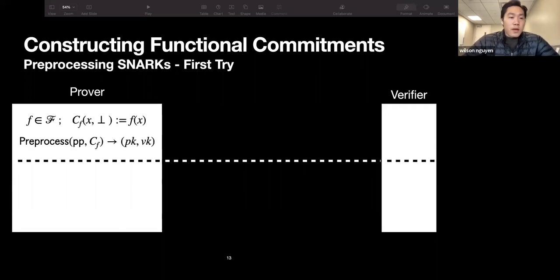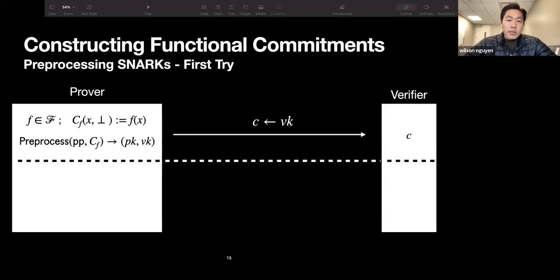So the prover has some function in some function family. It produces a circuit which does not take any witness inputs, just the input x, and it's set to be that function evaluated on x. We preprocess this circuit to produce a proving key and a verifying key, and then we send over the verifying key as the commitment to the verifier.